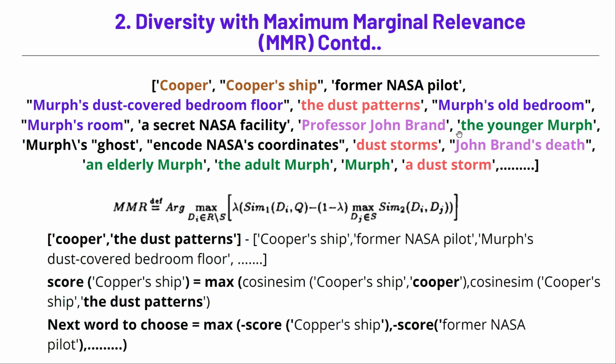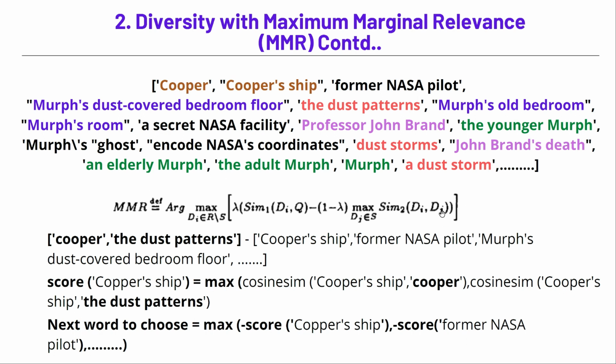And what's happening is when lambda is equal to 0, first we initialize with the most similar keyword, because since we are doing intra similarity, we need at least one keyword to be present in the top n keyword list that we are creating. So first Cooper, the most similar keyword, is added.